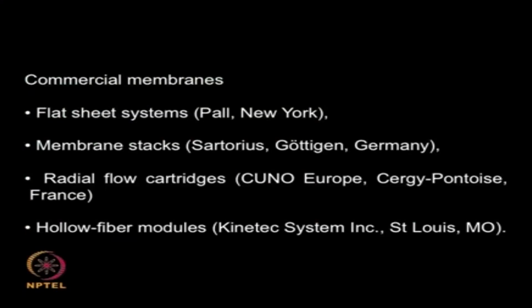So commercial membranes, flat sheet systems, there is a company which is manufacturing that. We can have stacks of membranes, several companies in Europe and US, radial flow cartridges, hollow fiber modules. So different morphologies or different systems and different companies which manufacture these commercial membranes.